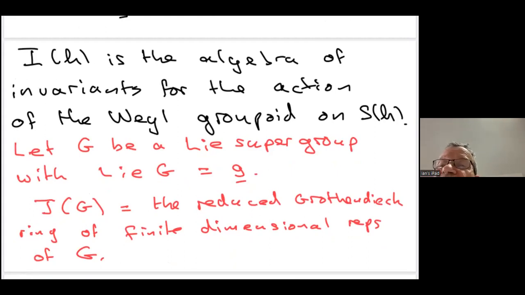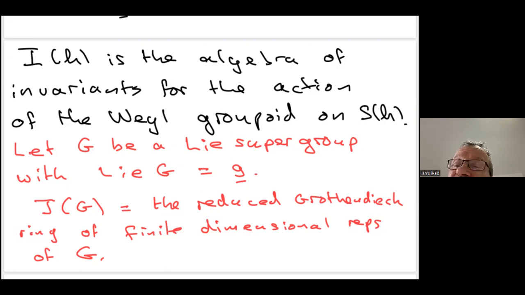There is another algebra which is also relevant. So here you take a Lie supergroup G with Lie superalgebra small g, and then you look at J(G), which is the reduced Grothendieck ring of finite dimensional G-modules.